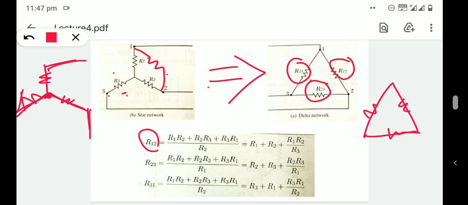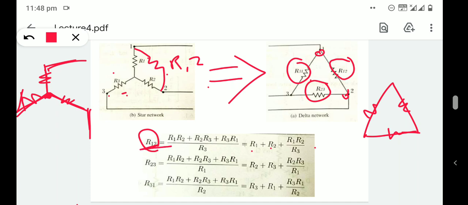R12ൻ്റെ ഇക്വേഷനാണ് R12 is equal to R1 plus R2 plus R1 R2 divided by R3. ഓർത്തിരിക്കുക, R12 ഫസ്റ്റ് ടെർമിനലിനും സെക്കൻഡ് ടെർമിനലിനും അക്രോസ് കണക്ട് ചെയ്യേണ്ടതാണ്. അതായത് ഈ R1നെയും R2നെയും മാറ്റി ഈ ഒരു റെസിസ്റ്റൻസ് ആക്കും നമ്മൾ. അപ്പോൾ ഇതിനെയാണ് നമ്മൾ R12 എന്ന് വിളിച്ചിരിക്കുന്നത്. സോ അത് എന്ന് പറയുന്നത് R1 plus R2.